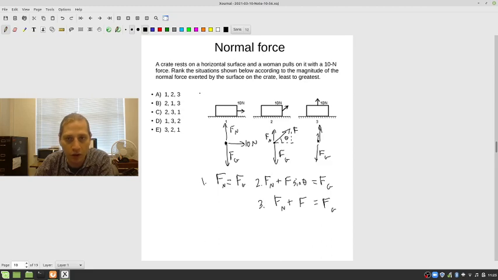So if we want to rank the magnitude of the normal force, this is the biggest, this one's the smallest. If we were ranking them least to greatest, it would be 1, 2, 3. Easy.